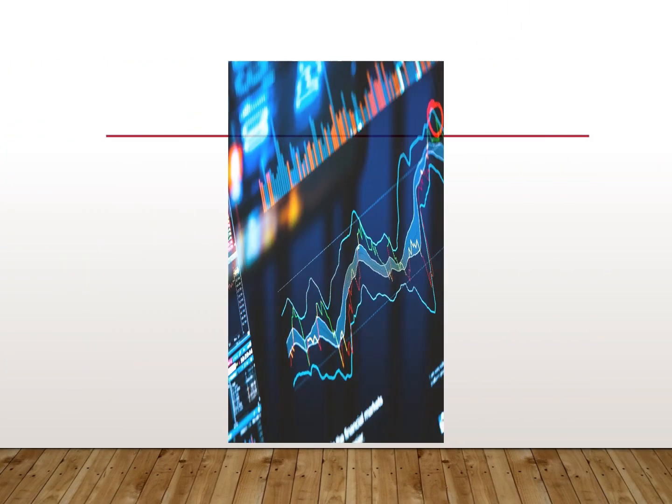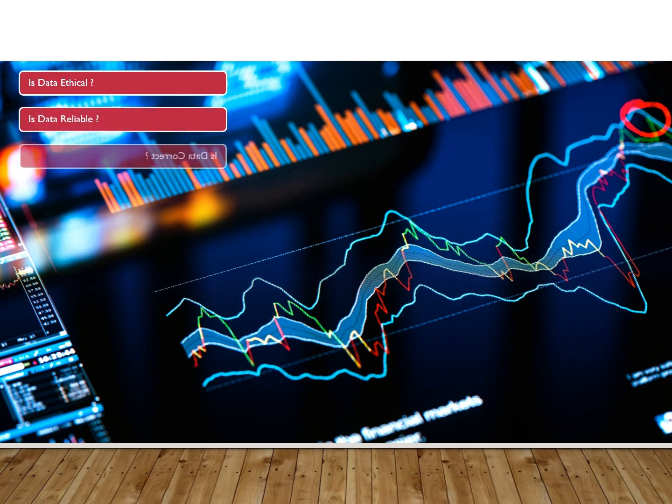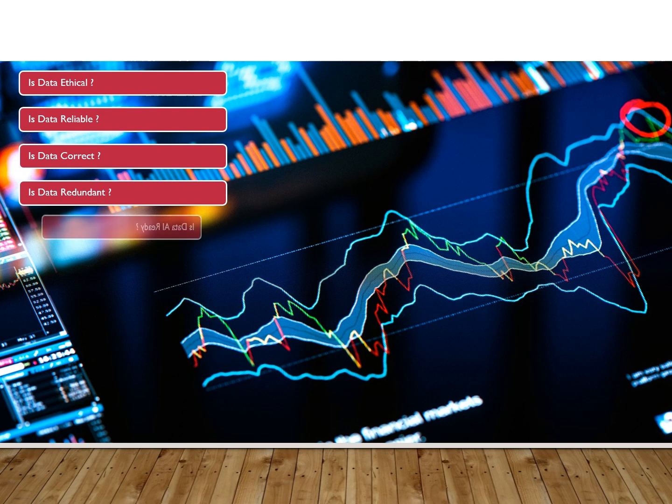By now, I hope you got some understanding of the importance of data for AI systems. Then let's understand what checks need to be made before saying that your organization's data is ready. Is your data ethical? Is your data reliable? Is your data correct? Is your data redundant? Is your data ready, which means AI ready? So what do those mean? Ethical data means ensuring data collection, storage, and use comply with ethical guidelines.